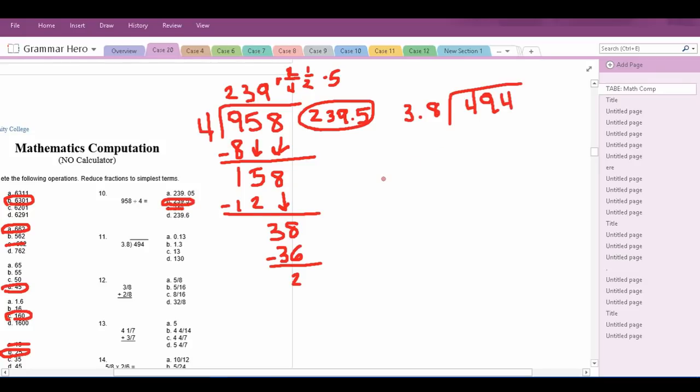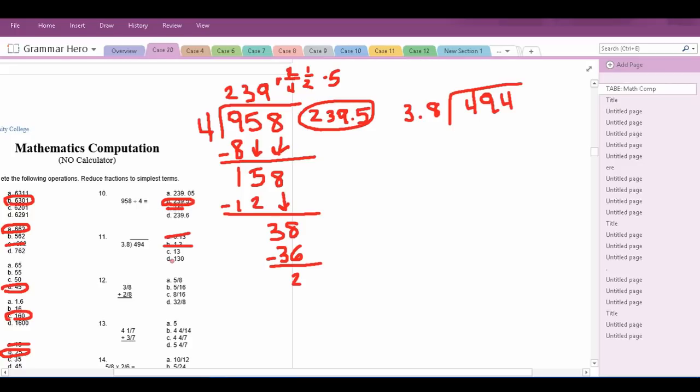Now, if you take a look at our answer choices, you can see that they are very much different. This will save you tons of time if you can use some common sense to work through these problems. 3.8 times 0.13 is going to give you a smaller number. You're multiplying that 3.8 by a fraction. Get rid of it. 3.8 times 1.3. 3.8 times 1 will give you 3.8, so this isn't going to get you quite to 494. 3.8 times 13.